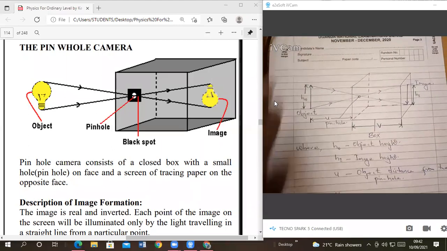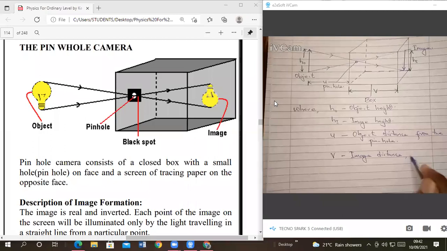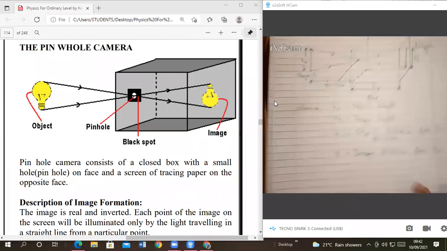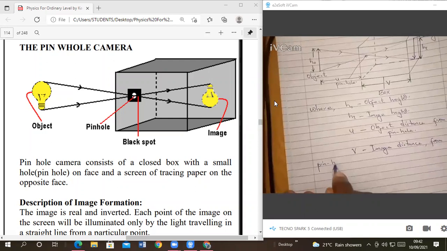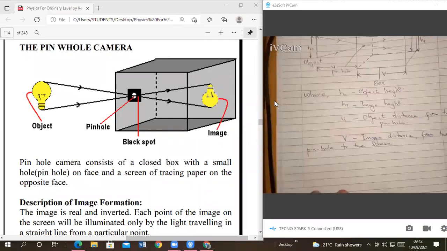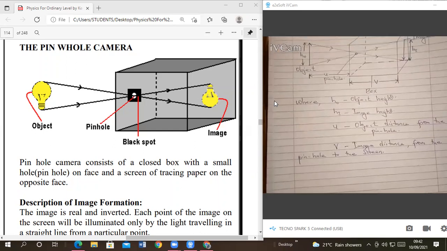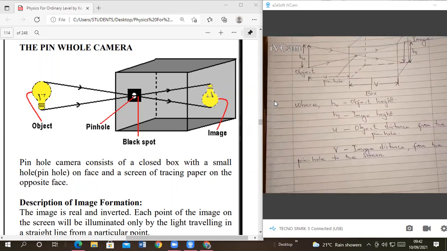Then V is the image distance, the distance from the pinhole to the screen. So that distance is called the image distance. Is it clear, members? Good.